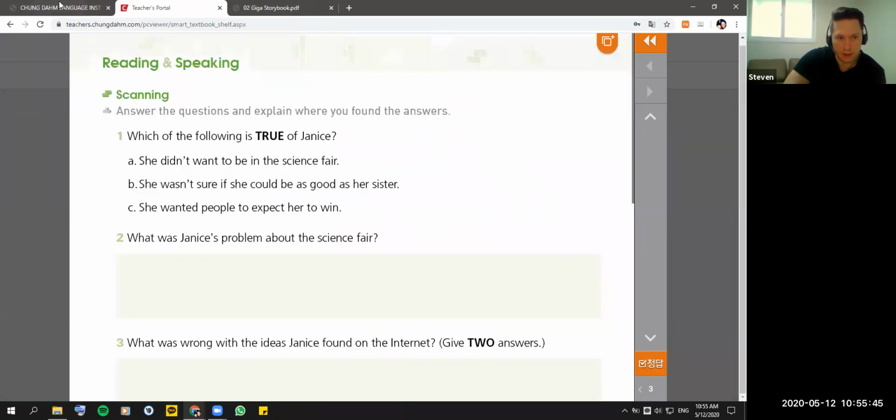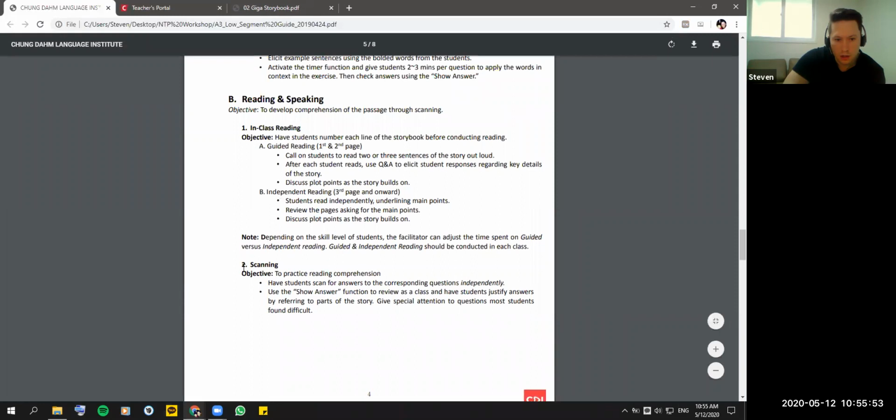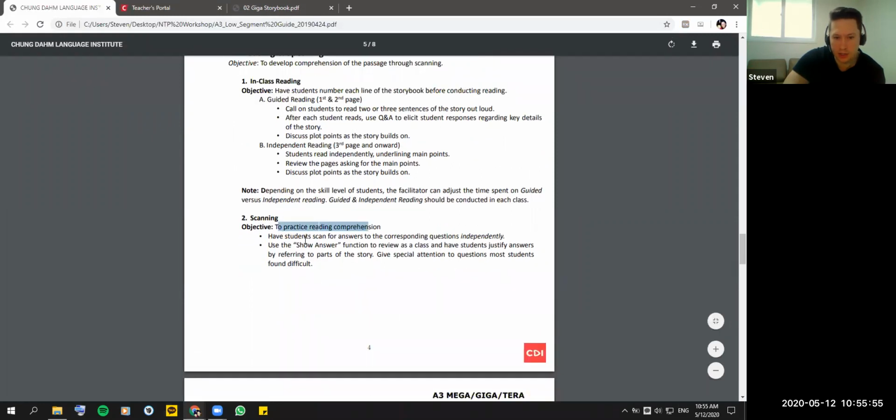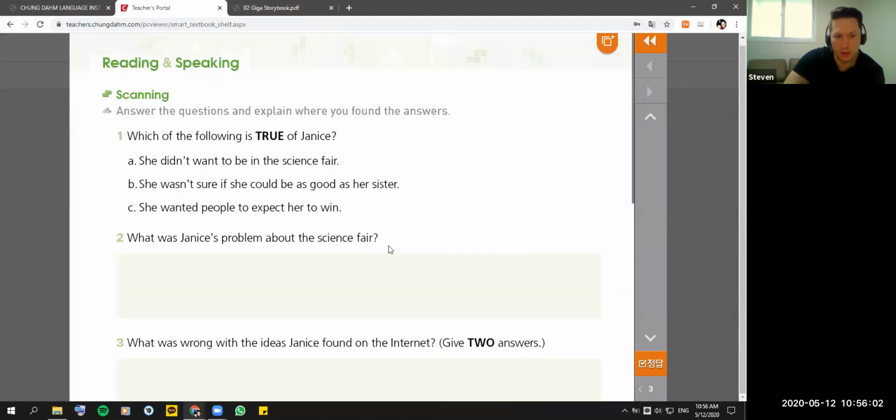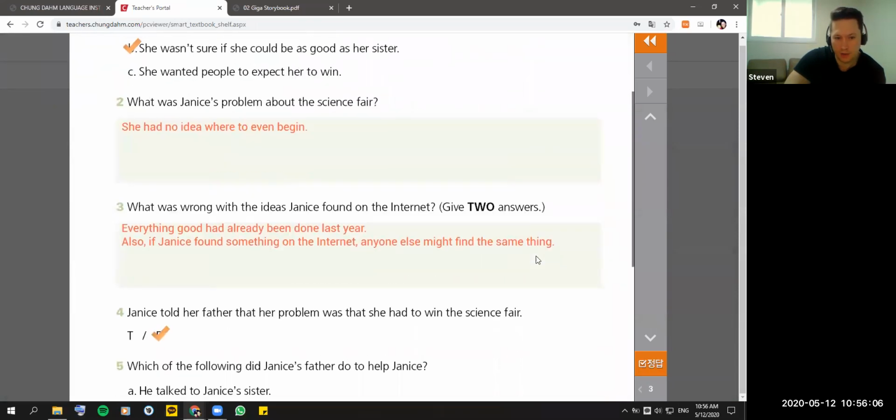And that's this. Okay. So before you do this page, this is where you would want to do the reading to make sure that they've read it. This is just to practice the comprehension, have them scan for the answers and do that independently. And you can use the show answer function to help you to show the answers. Now, one thing, and obviously that's located here. So you'll have all the answers pop up.